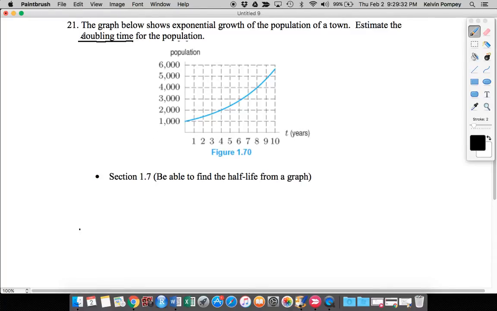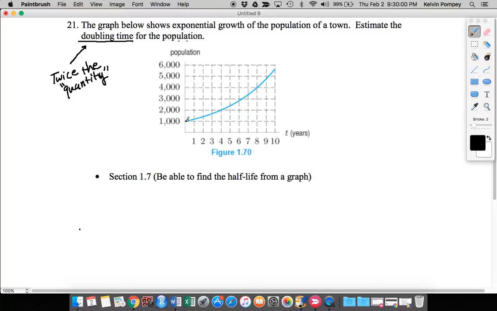Remember, doubling time is the amount of time it takes us to get to twice the quantity. Twice the quantity, right? And so if I look at my graph, I can choose any point. I'm going to choose the easiest point right here.